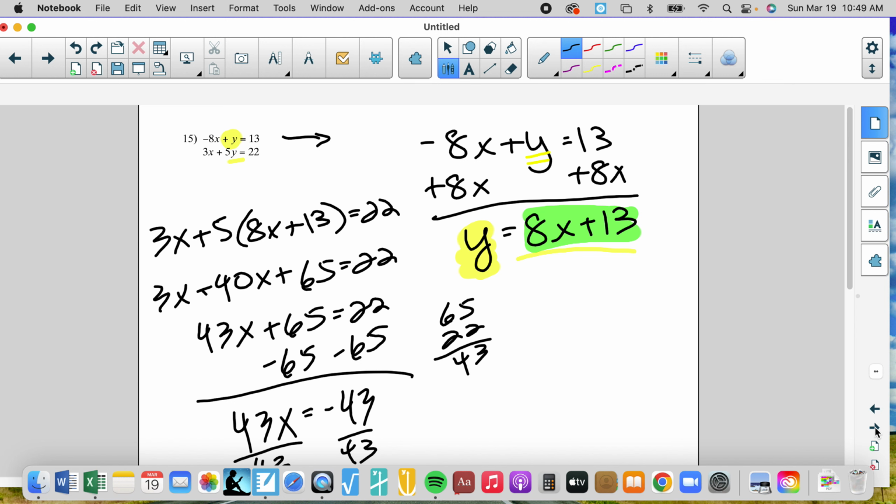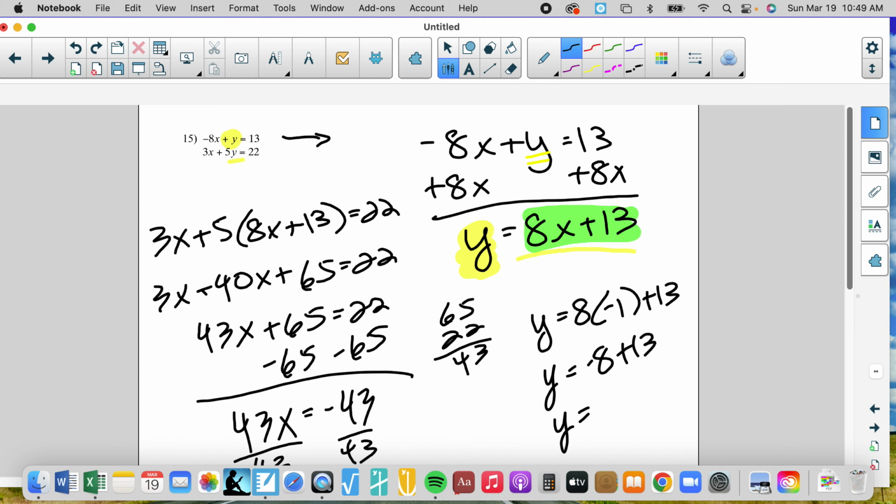So I have x equals negative 1. So we have y equals 8 times negative 1 plus 13, which is negative 8 plus 13, which gives me 5, positive 5.